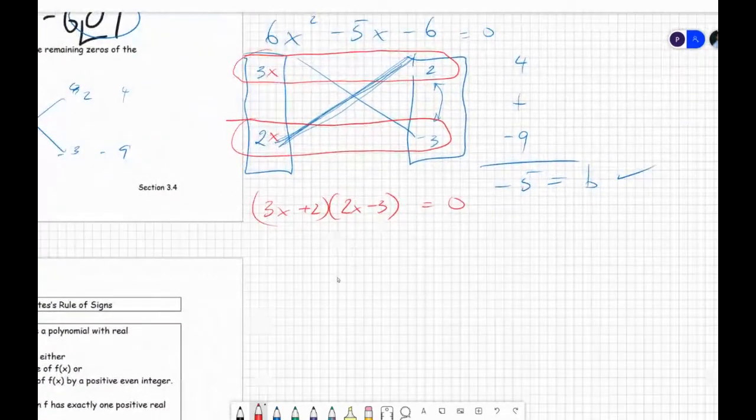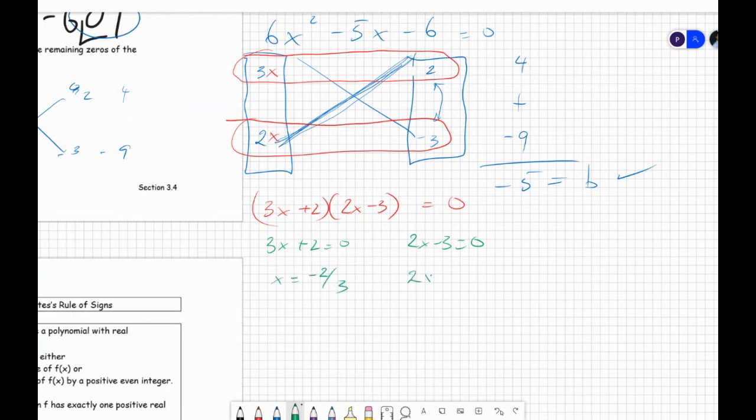Now we can set each of the factors equal to 0 and solve. Okay, move the 2 over and divide by 3. Okay, so we have negative 2/3 and 3/2.